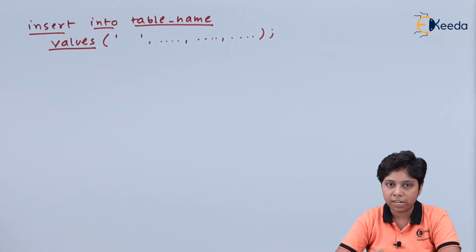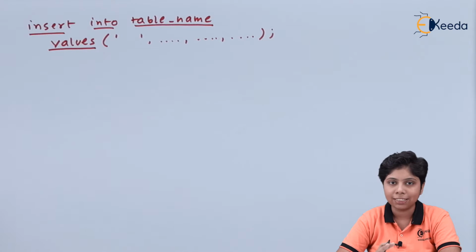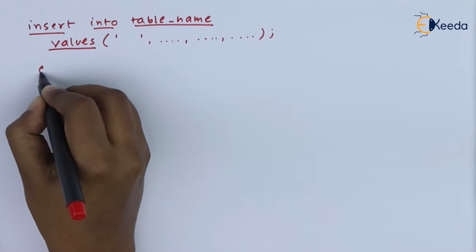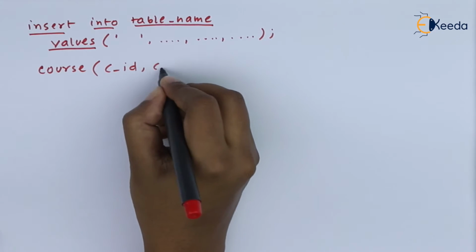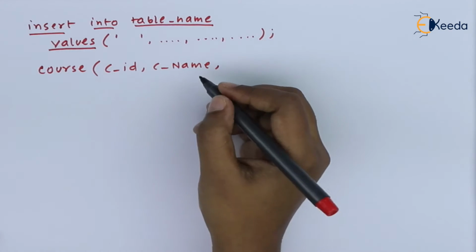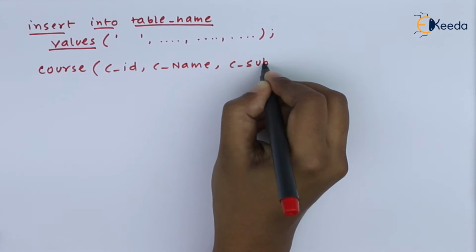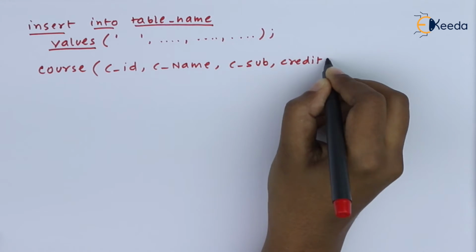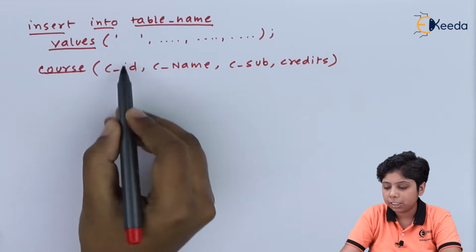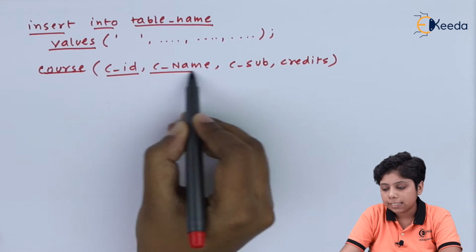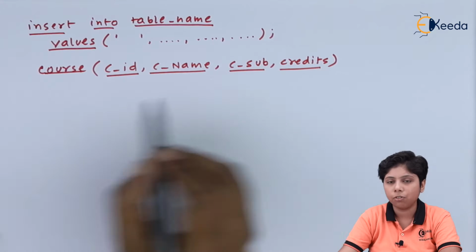Say for a relation that consists of 4 attributes, and the relation name is course. So first let me define the relation. Say there are 4 attributes of the course relation: CID, CNAME, CSUB and credits.